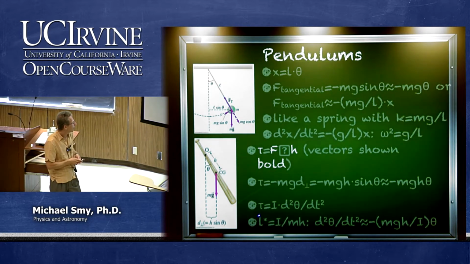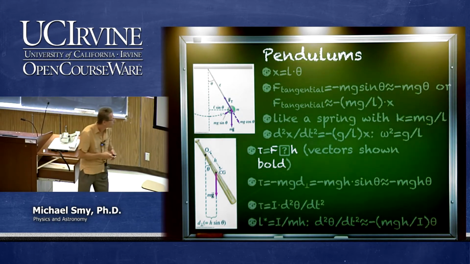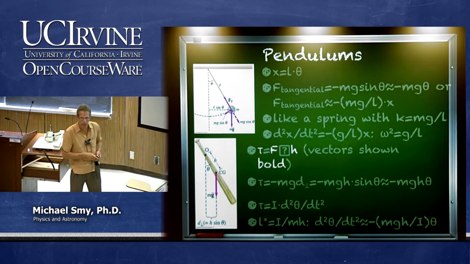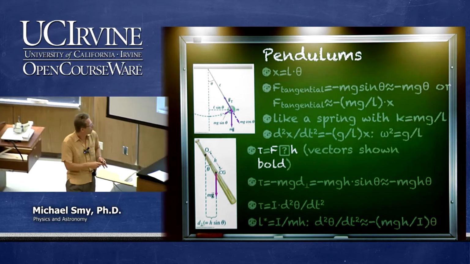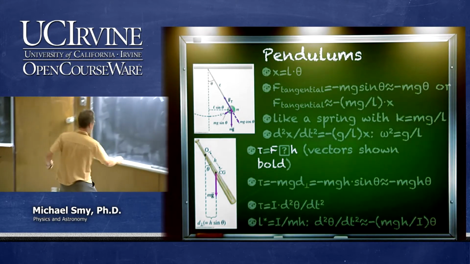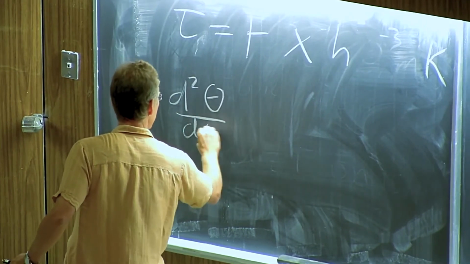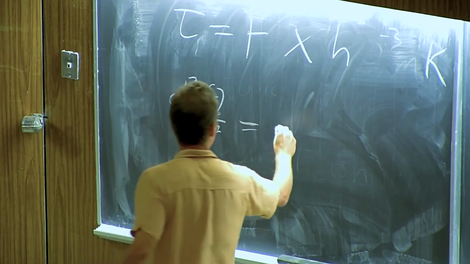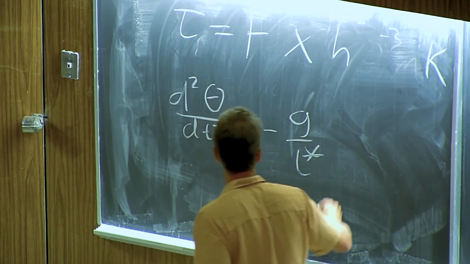If we define this quantity, which is the moment of inertia divided by the mass times this distance h, and I will call this the reduced length, it becomes apparent why in a moment, because now I can write this as d square theta dt square equals minus g over L star theta.